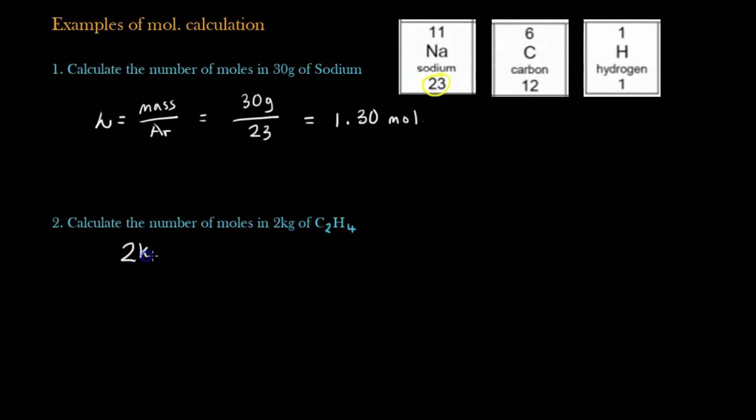So the first step is 2 kg gives me 2000 grams. And then I can do my formula: n equals mass over MR in this case. We'll talk about the difference between MR and AR later. Mass over MR gives me 2000 on top, divided by MR, which is adding up all these elements.